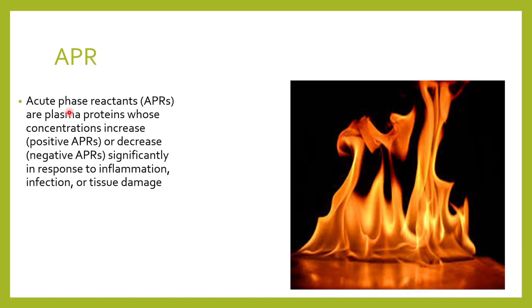Whenever there is inflammation, infection, or tissue damage, these reactants or proteins are produced by our body to fight against the infectious agent or to reduce the tissue damage. That is why these are called acute phase reactants. Basically, when there is any kind of infection or tissue damage, these proteins are produced.